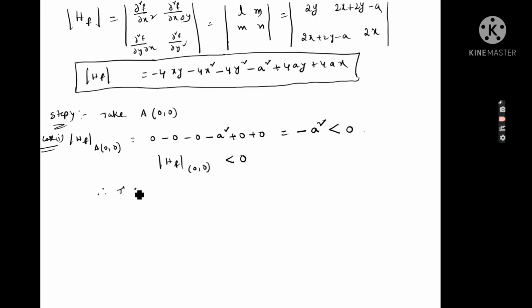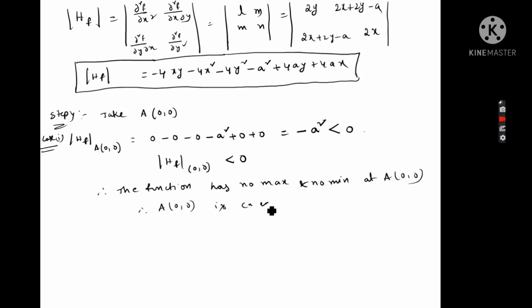So therefore the function has no maximum and no minimum at a, 0 comma 0. So a, 0 comma 0 is called a saddle point. Sometimes the question comes like this: find the saddle points, find the stationary points.